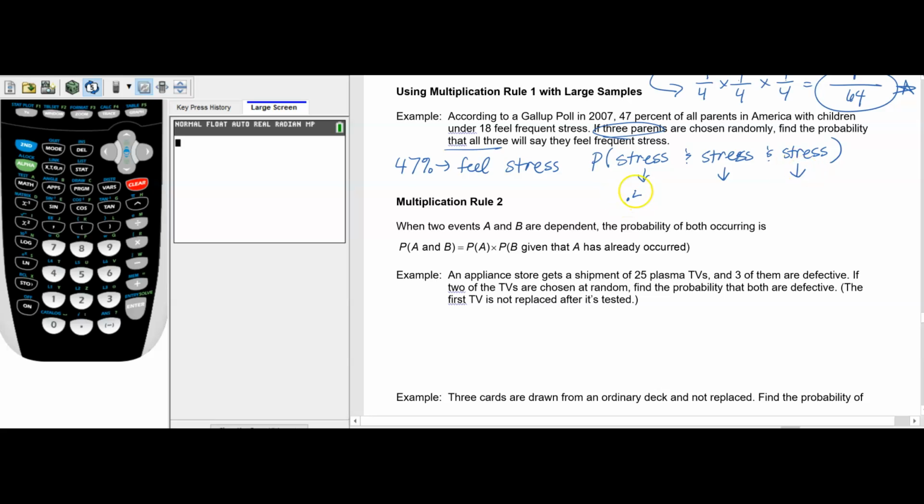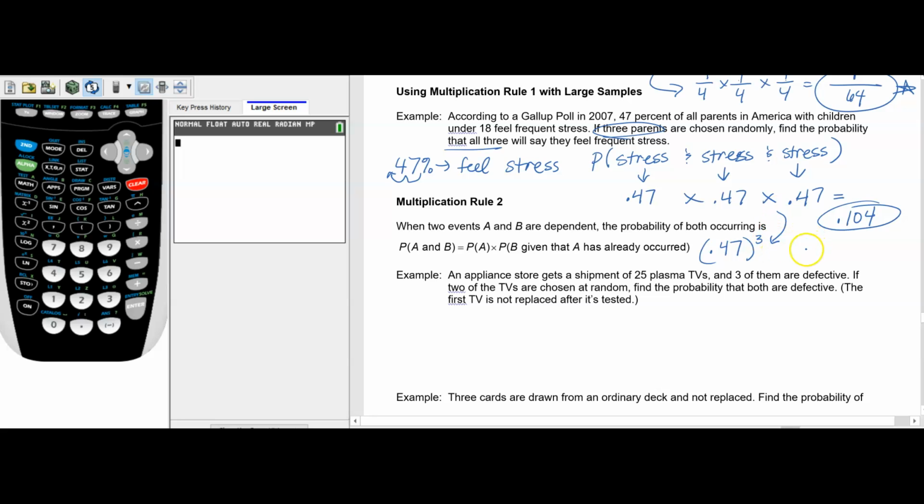Well, there's a 47% chance of each person feeling stress, which is 0.47 as a decimal because you move the decimal 2 spots to the left. And so we're just going to multiply 0.47 by itself 3 times, and we're going to get 0.104. I just want to point out, 0.47 times itself 3 times, you can use an exponent.